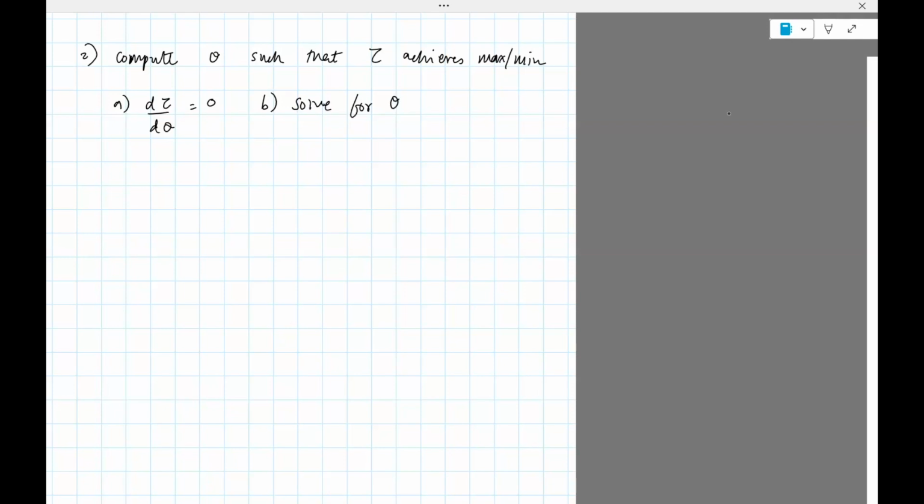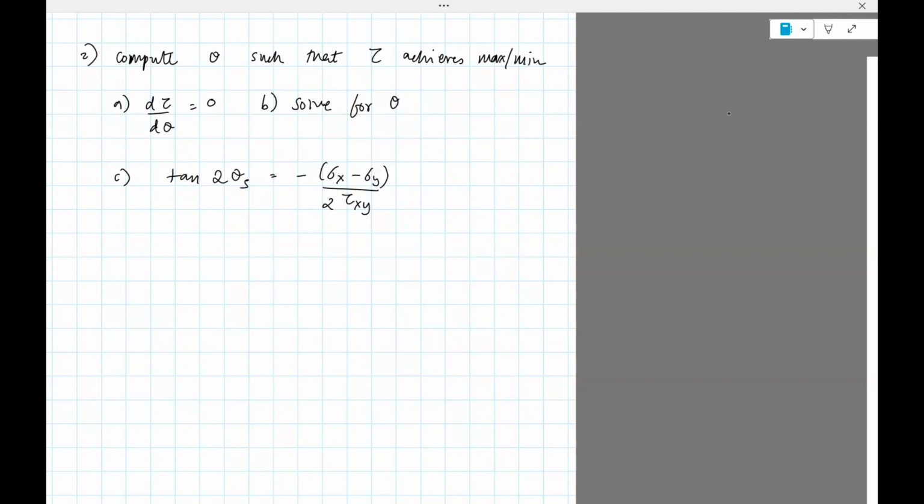So if we do that, then we get the answer as tan 2 theta s equals minus sigma x minus sigma y divided by 2 tau xy.